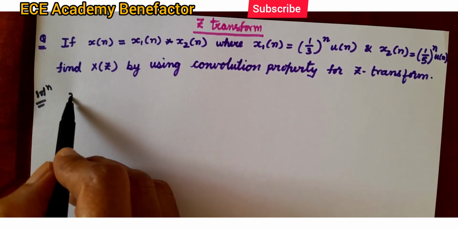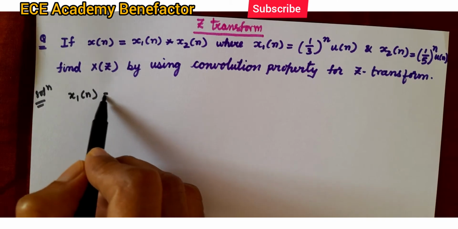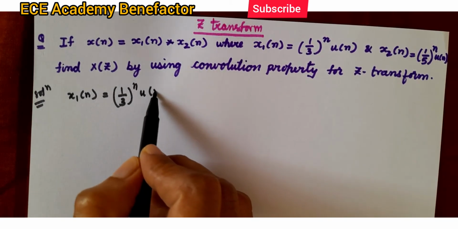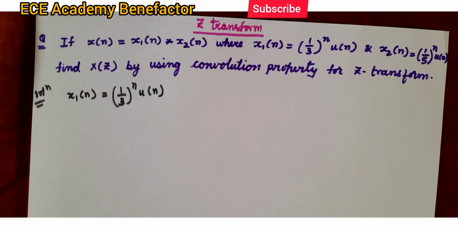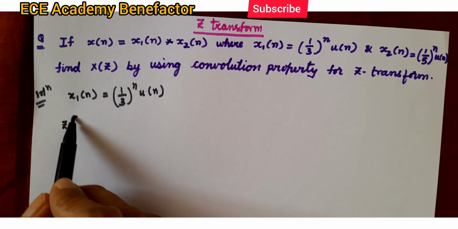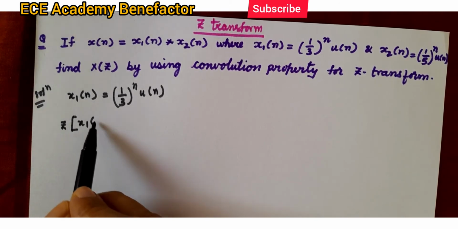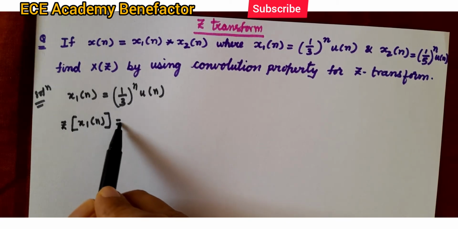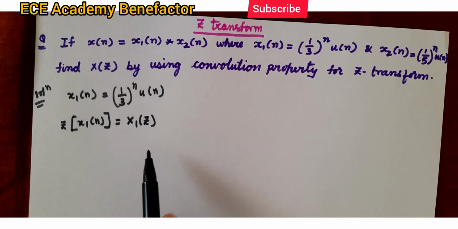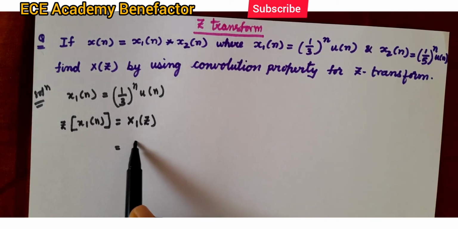x1 of n is equal to (1/3)^n u of n. We have learned how to find the Z transform for sequences. Z transform of x1 of n gives capital X1 of z. What is the formula for this?